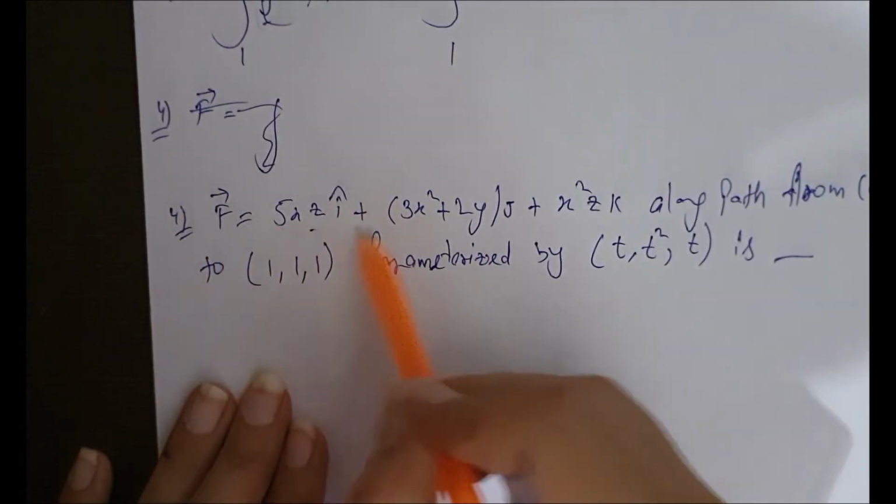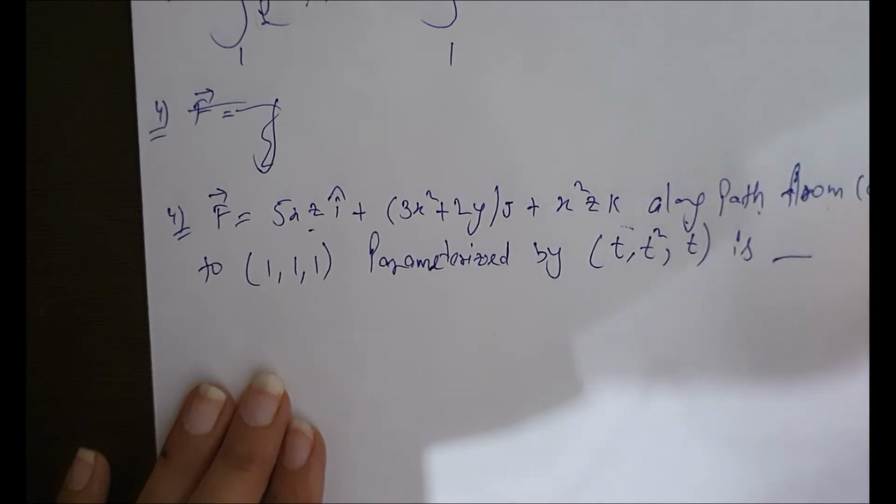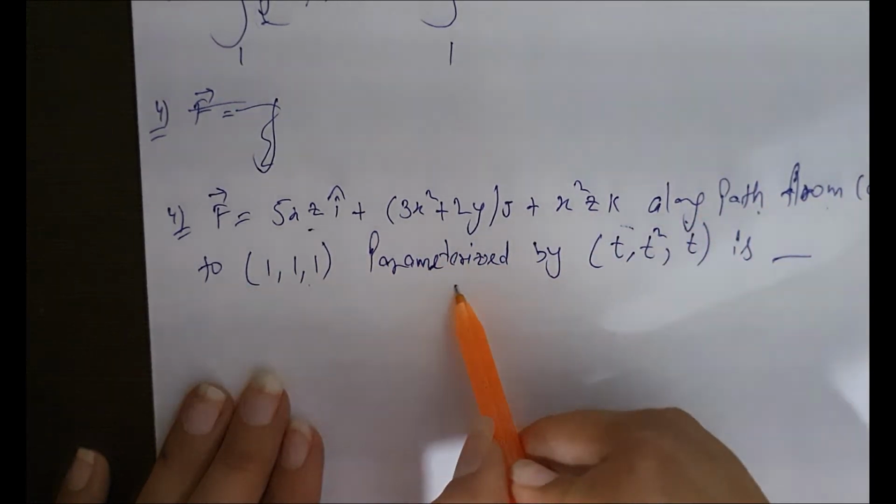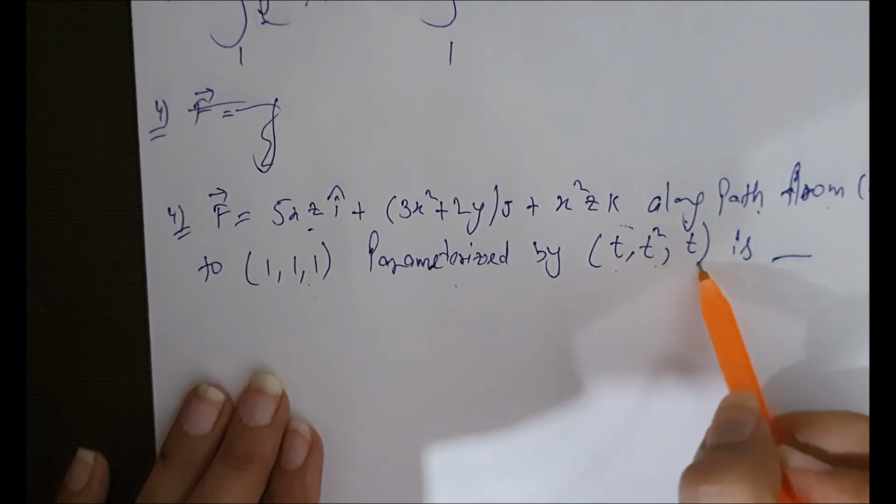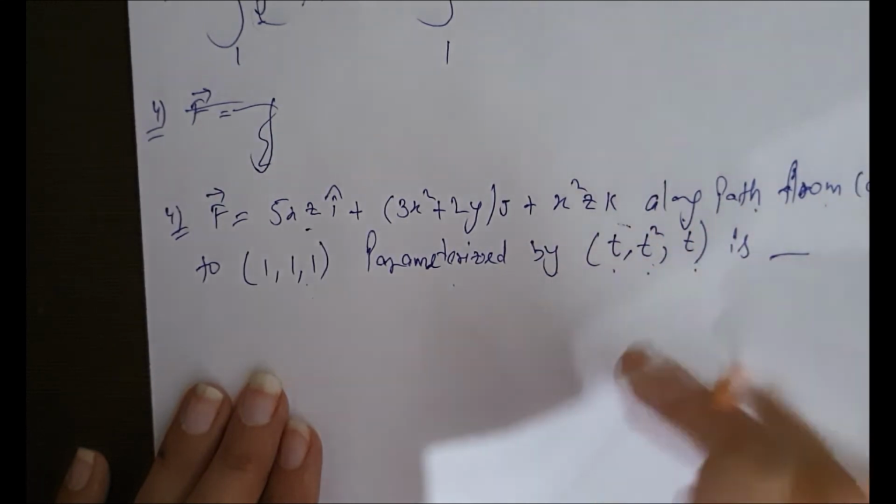Another example, the function is this, along the path from 0 0 0 to 1 1 1 parameterized by t, t square, t. This is the x, y and z value.